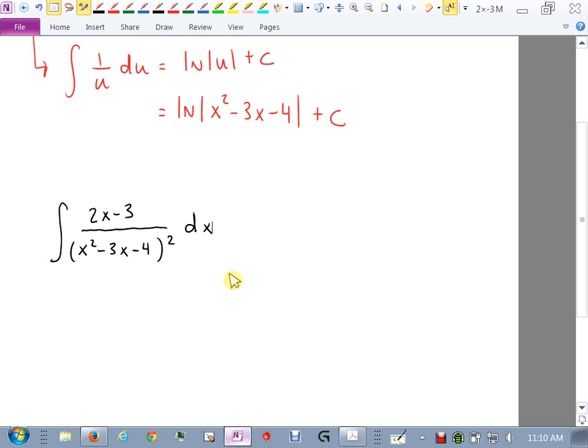The only difference is when I rewrite the integral, it would be 1 over u squared, and 1 over u squared we can find the antiderivative of. Making the same substitution as above, I would get the integral of 1 over u squared du. The antiderivative of that is negative 1 over u plus a constant. That's what we did just a minute ago, right? So we would have negative 1 over x squared minus 3x minus 4, plus a constant.